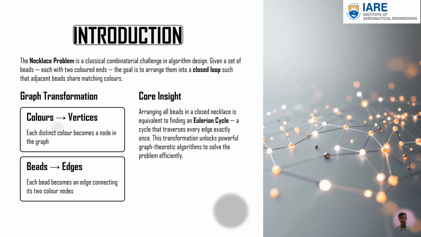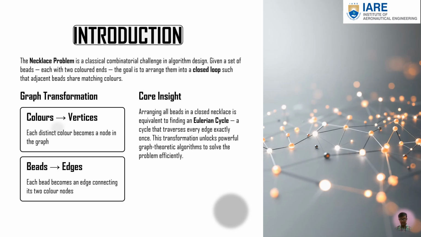Here is the graph transformation. The colors are vertices. Each distinct color becomes a node in the graph. The beads are edges. Each bead becomes an edge connecting its two color nodes.